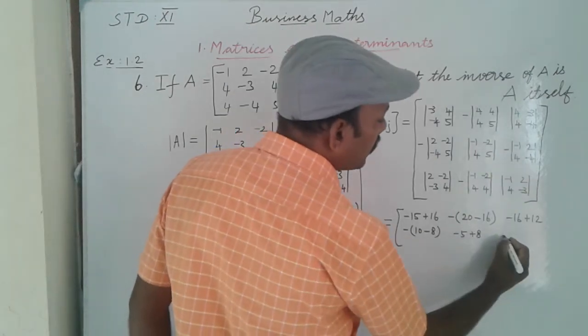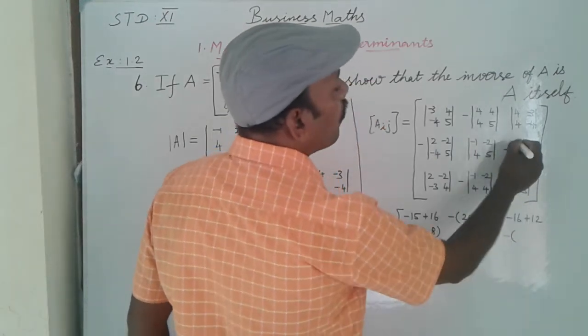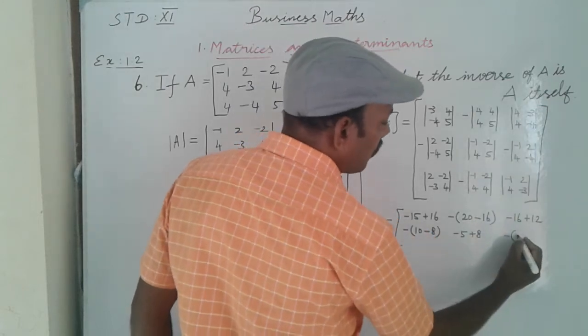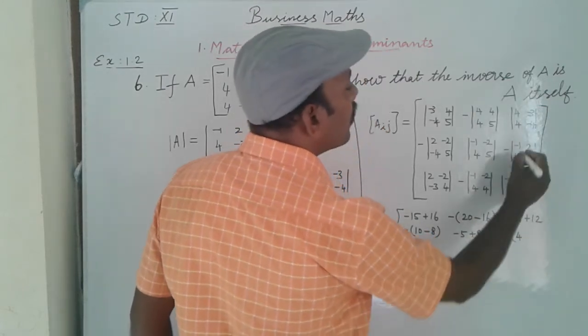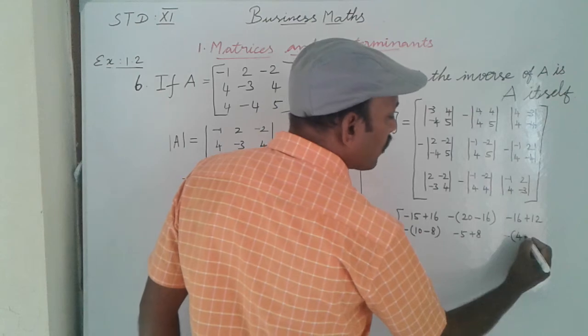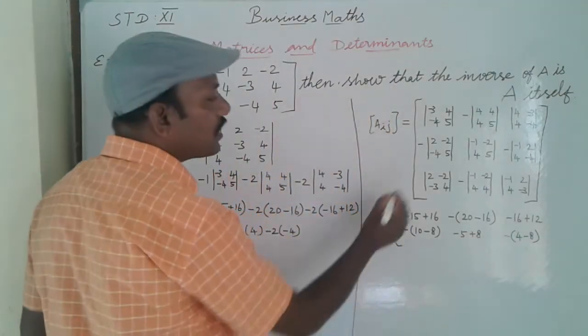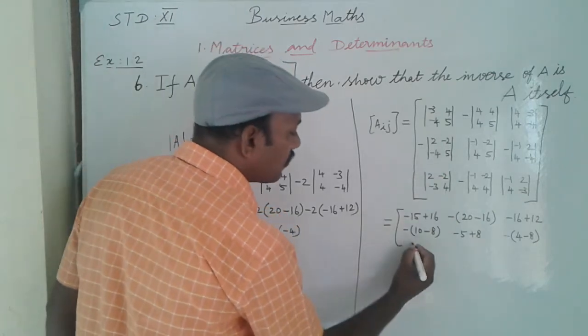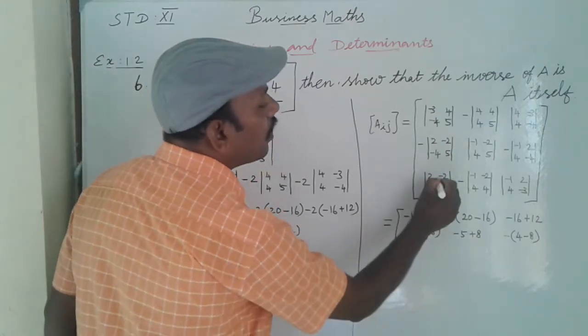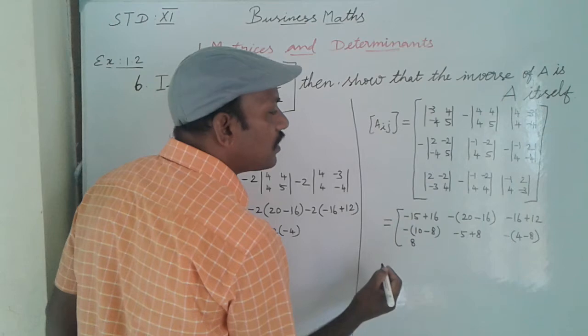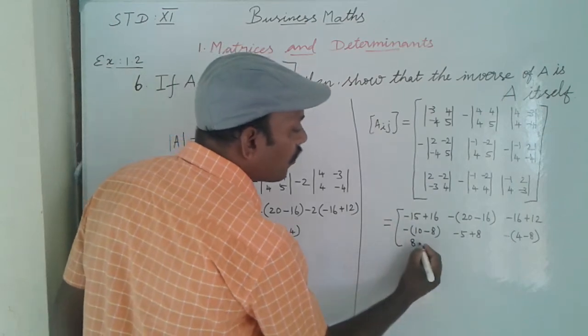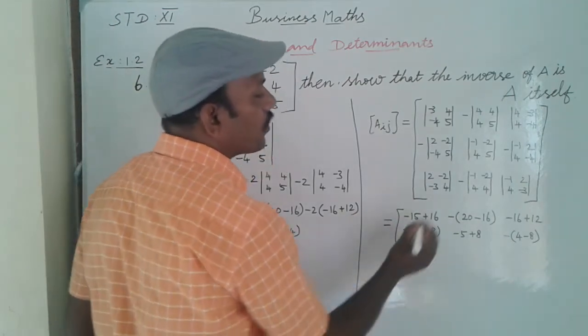Next, minus is the symbol. Minus 1 into minus 4 is plus 4. 4 2s are 8. Here the symbol is minus, so minus 8. Next, 2 4s are 8. Minus 3 into minus 2 is plus 6. Here one minus, so minus 6.